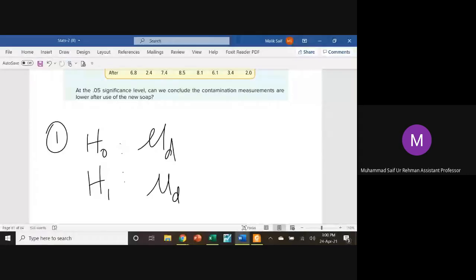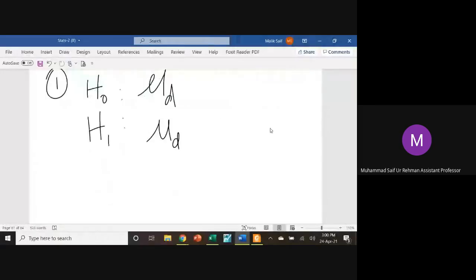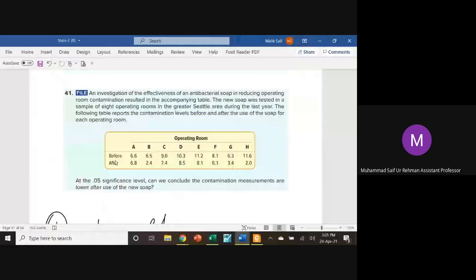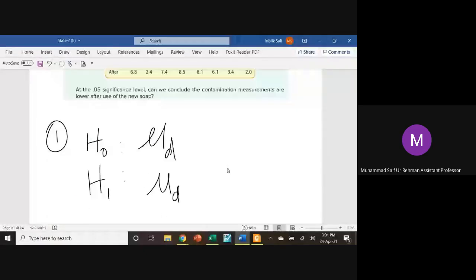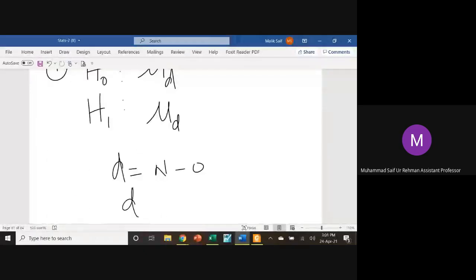So in this case, can we conclude the contamination measurements are lower after use of the new soap? We are taking D as new soap minus old soap, or you may take it as before and after, after minus before. It will mean new soap minus old soap, or after minus before.